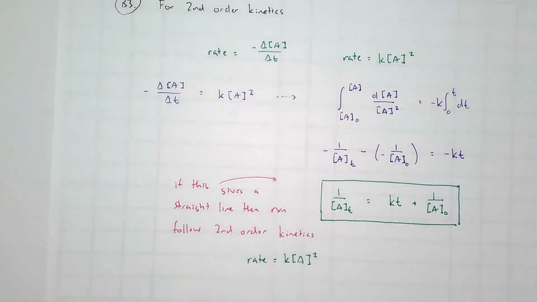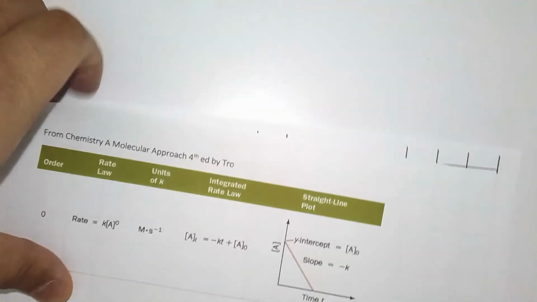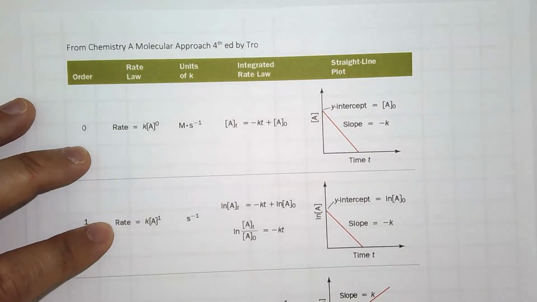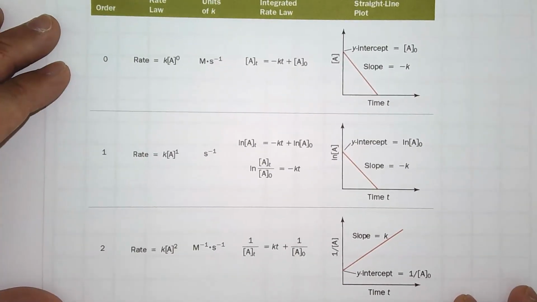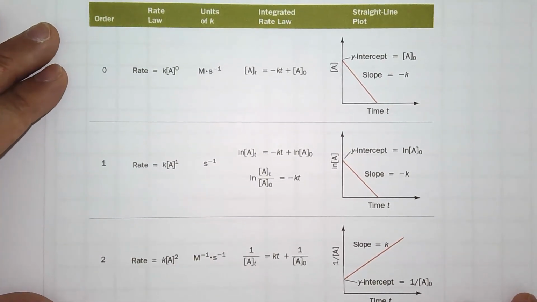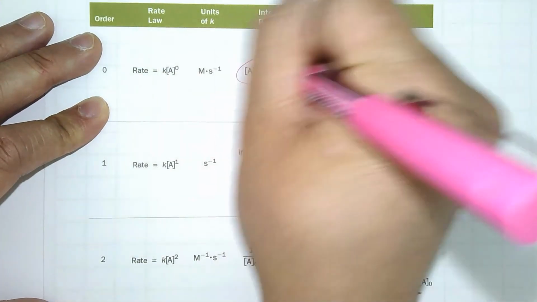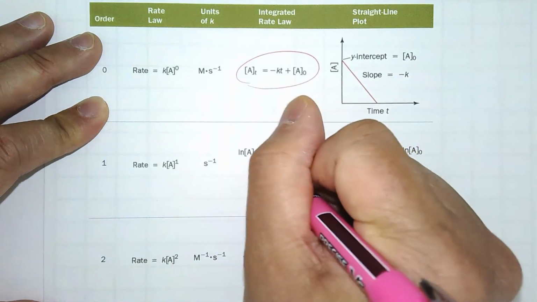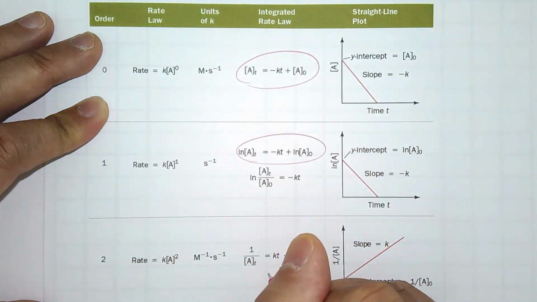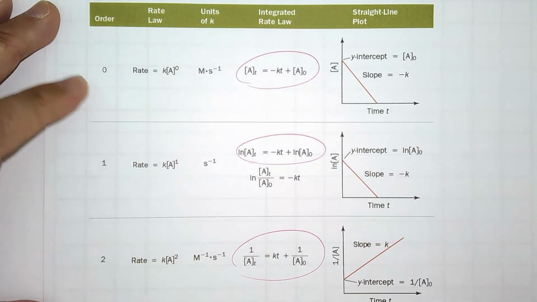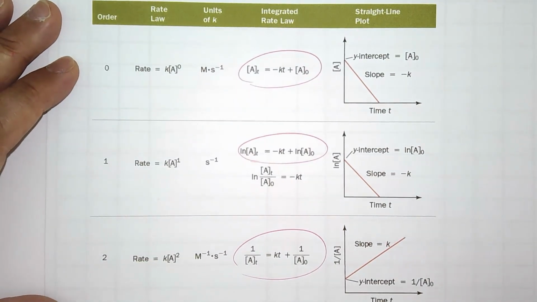All right, I'm about to show you a summary from a textbook, but again, you should be able to do this on your own. Reorganize your notes, and is this the same thing that we went over just now? Look at your equations that are circled in pink. Those are the 3 integrated rate laws that we had just written down.